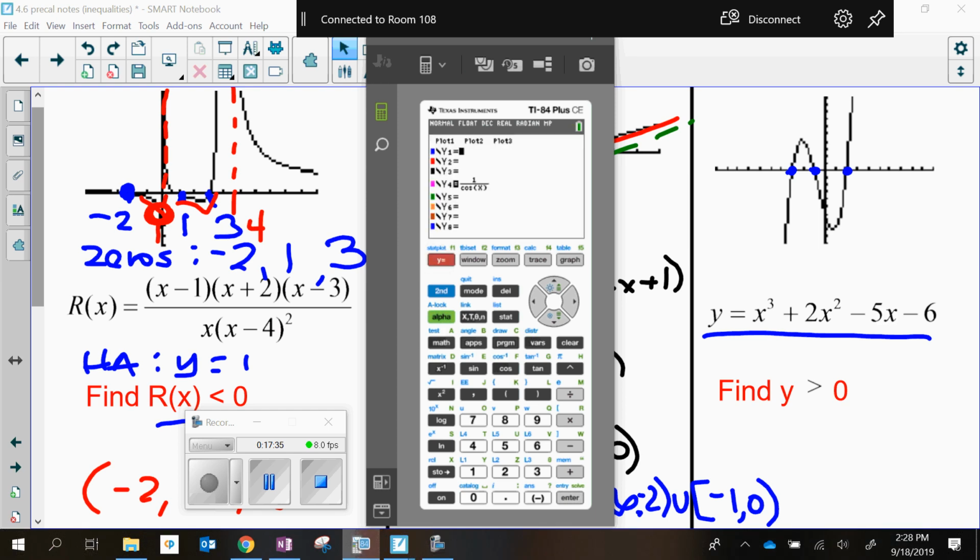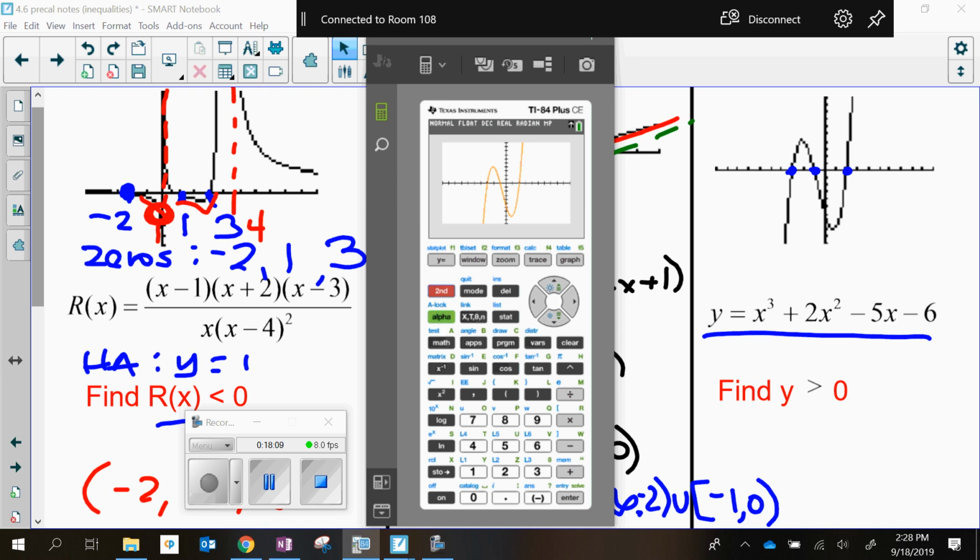All right, so x cubed plus 2x squared minus 5x minus 6. Here and here. Okay. All right. So that's what it looks like. So I believe negative.